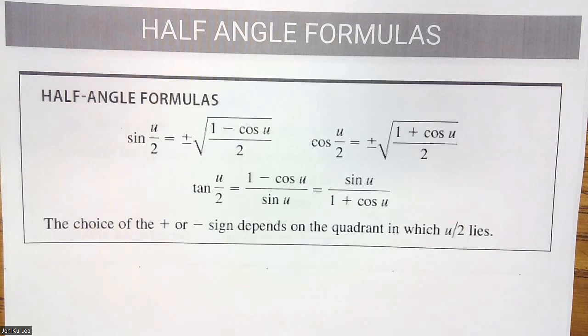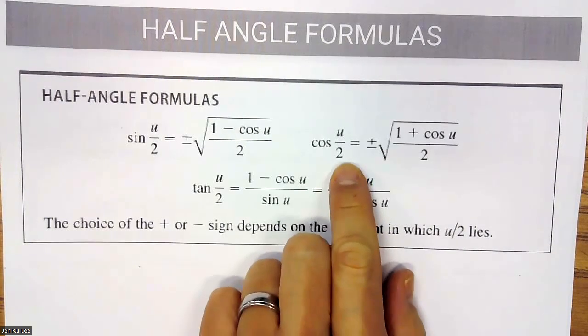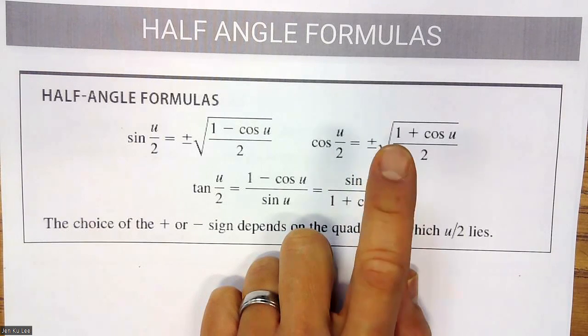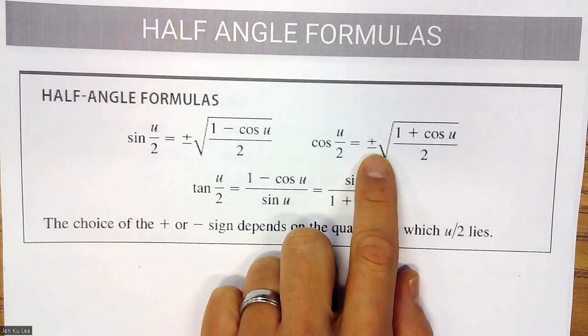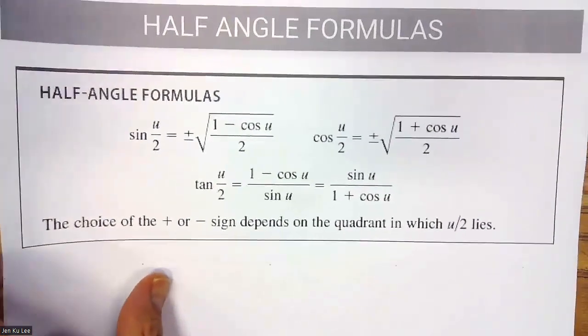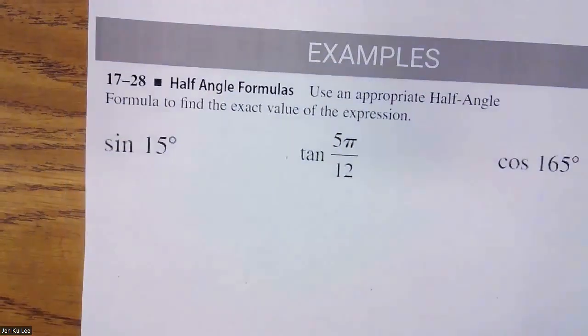If it lies in quadrants 3 or 4, it would be negative. For cosine, if it lies in quadrants 1 and 4, it will be positive. If it lies in 2 and 3, it would be negative. So these are all the formulas here. Let's run through some examples and then we'll refer to our formula sheet to help us out.